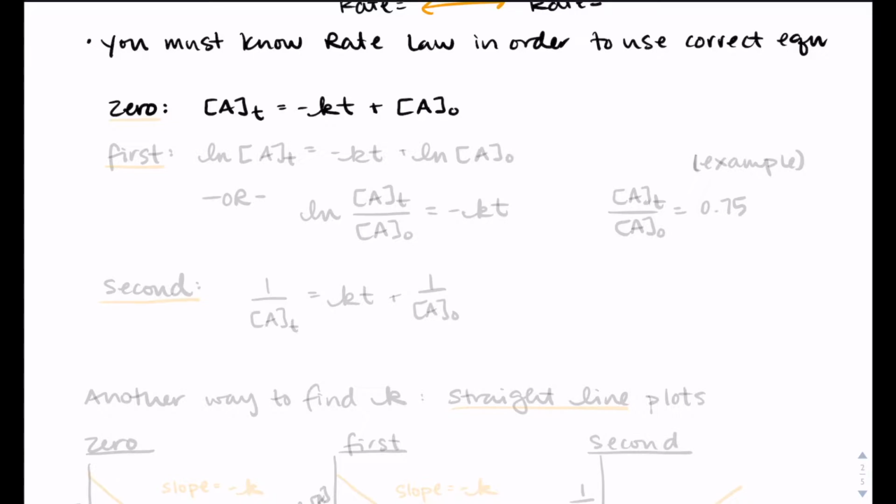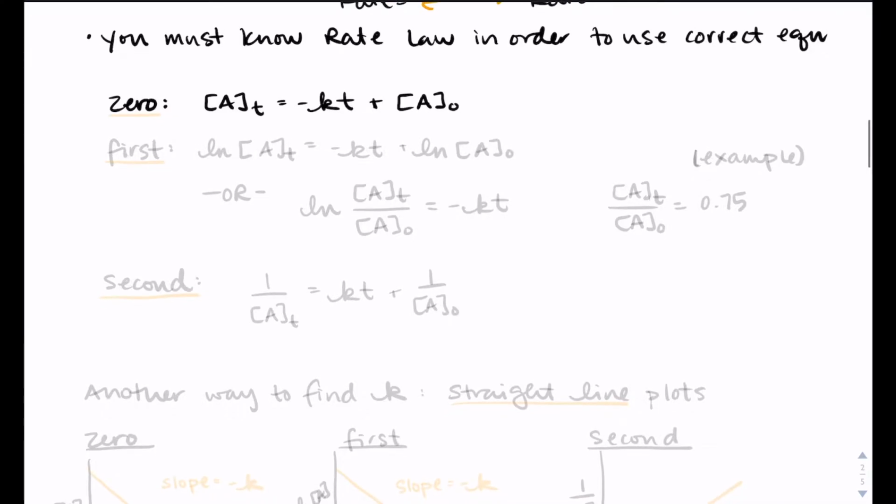That's what we graphed. For first order, the natural log of the concentration of A at time t is negative kt plus the natural log of the concentration of A at time 0. There is another way that you can write this.